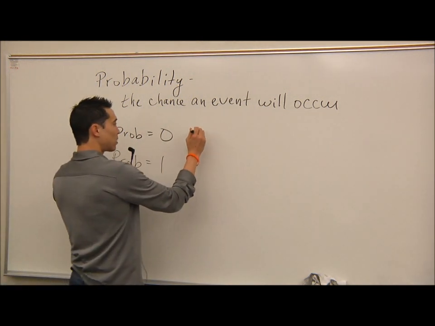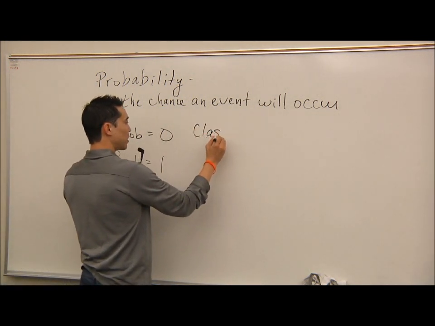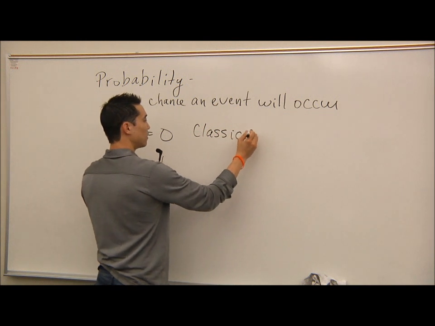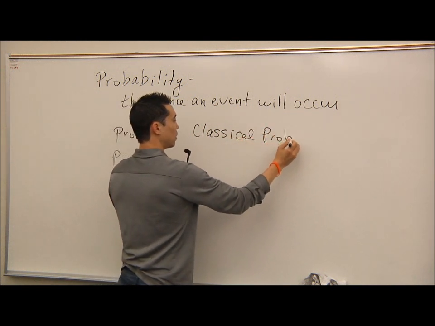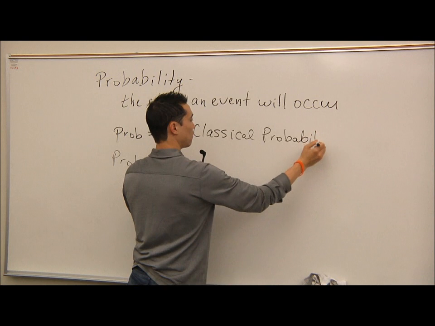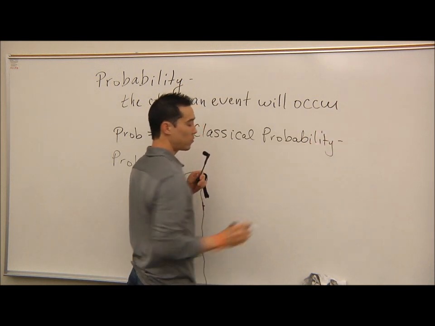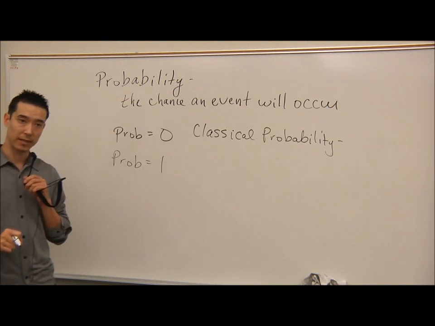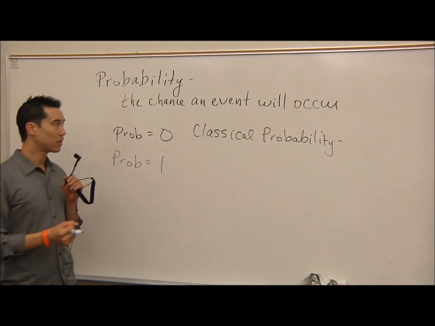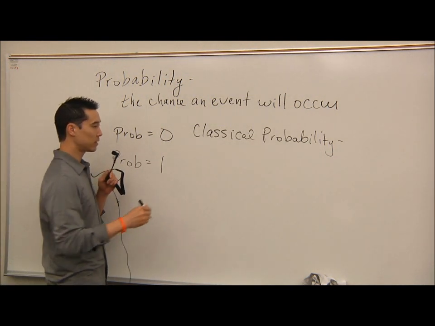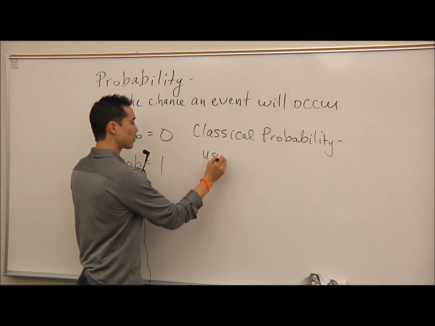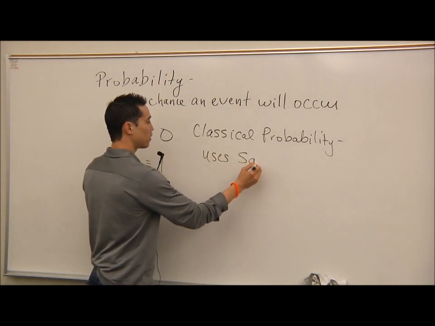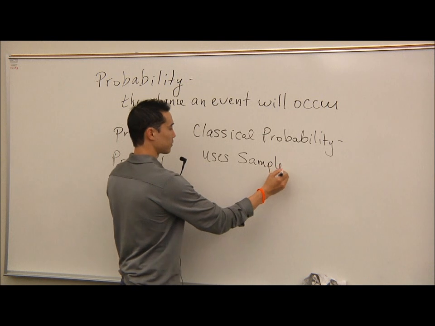Okay, we're going to start out with what's called classical probability. And what classical probability does is it uses what's termed sample spaces to determine the probability of an event, okay? So classical probability uses what we call sample spaces.